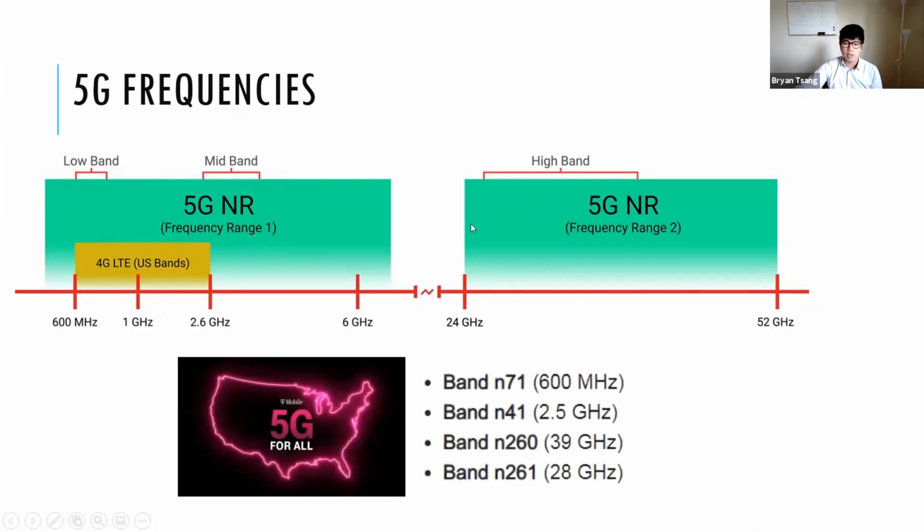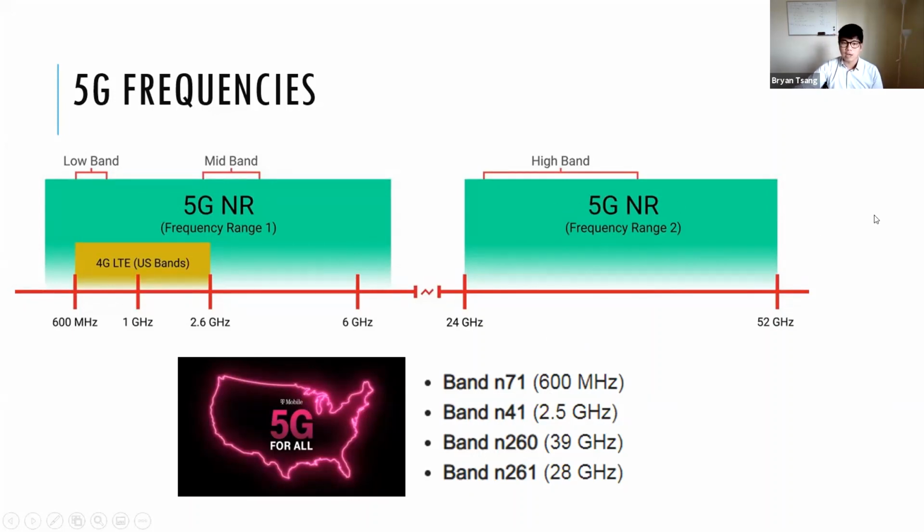So T-Mobile is currently the leading provider of 5G, and it operates at a low band of 600 megahertz, the mid band of 2.5 gigahertz, and these upper millimeter wave frequencies. But even though it's the leading provider of 5G, these low bands are pretty much just replacing the 4G LTE here, so these high frequencies are more for urban areas.